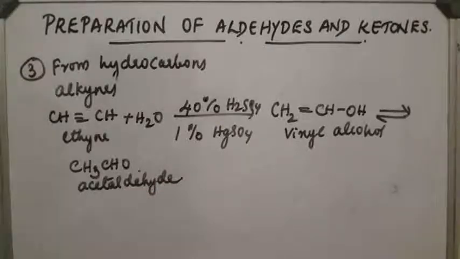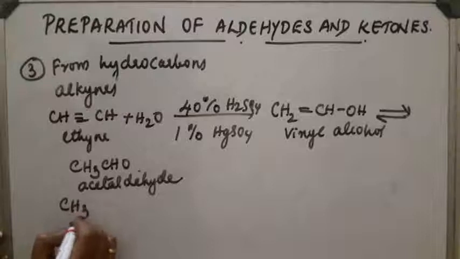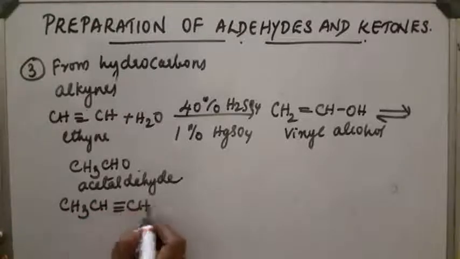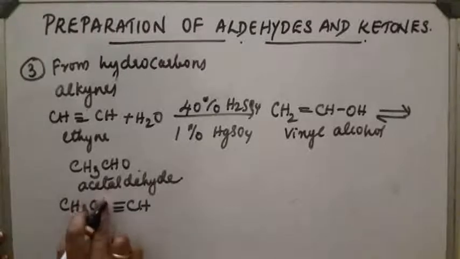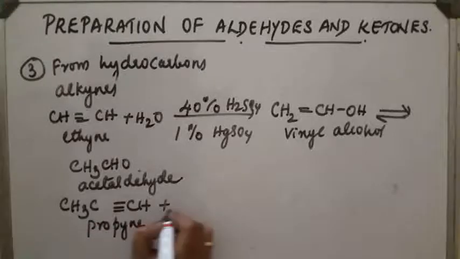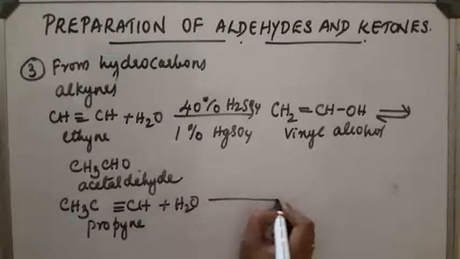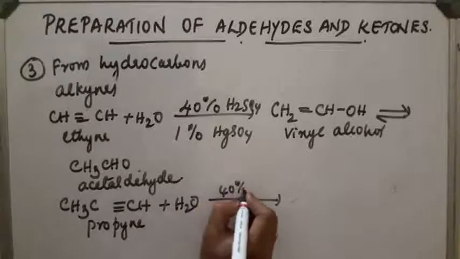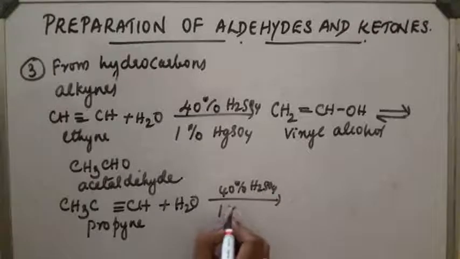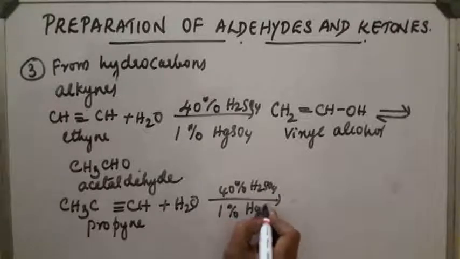Next, propyne, CH3C≡CH. The same hydrolysis takes place in the presence of 40% H2SO4 and 1% HgSO4.